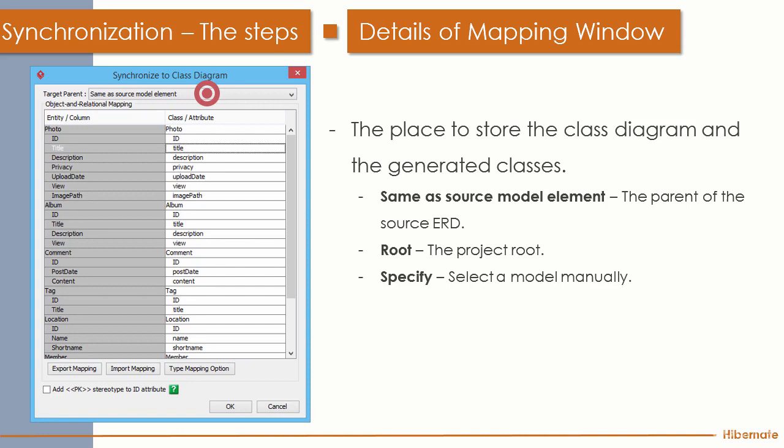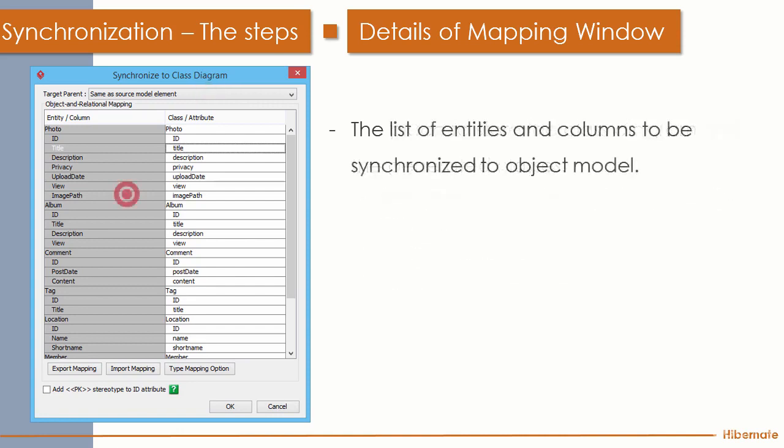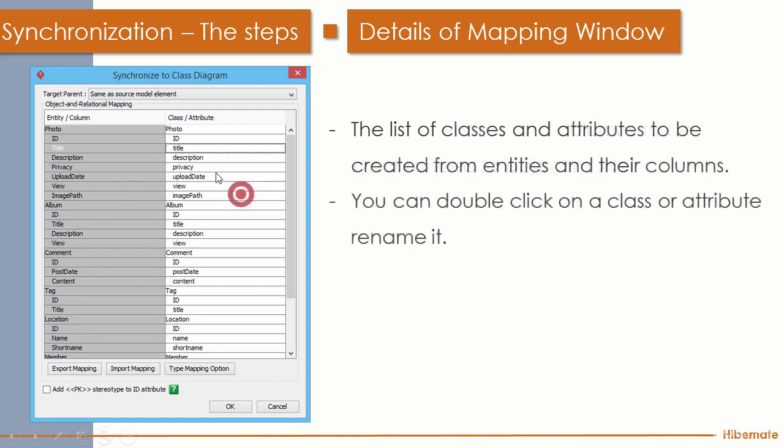This model focuses on the database, and another model focuses on the classes. So you can specify. The next option is a list of entities and columns to be synchronized. On the left hand side are the table and column names. You see photo has an ID, title, description, etc. And on the right hand side are the classes and attributes we will generate. You can double click to change.